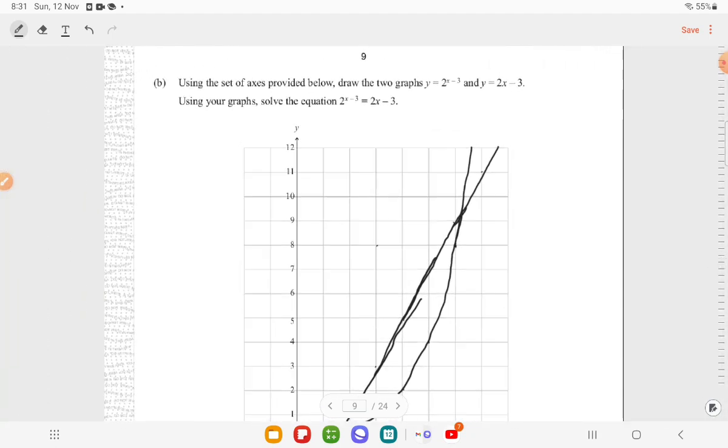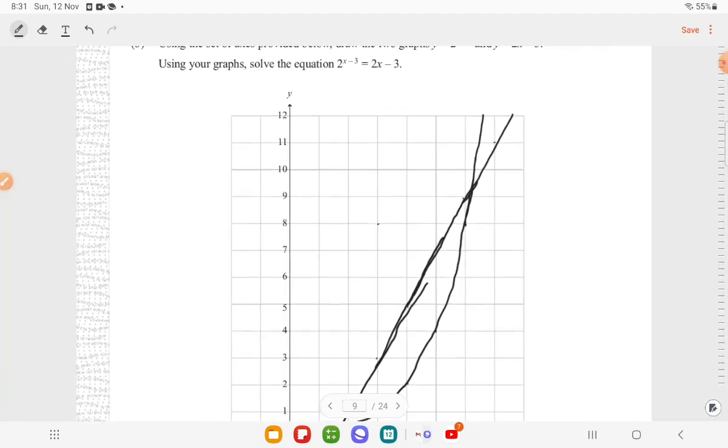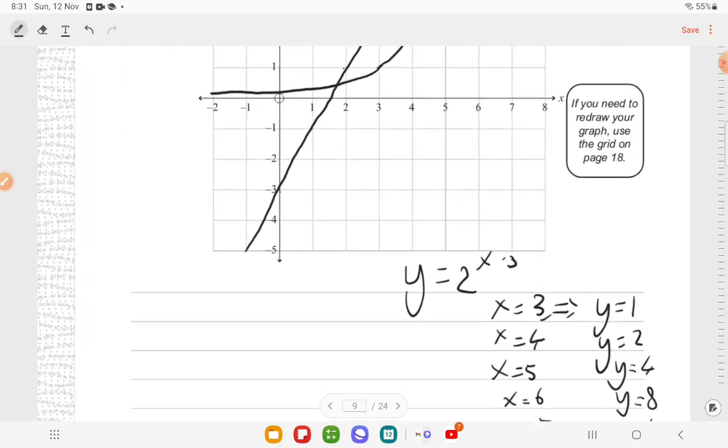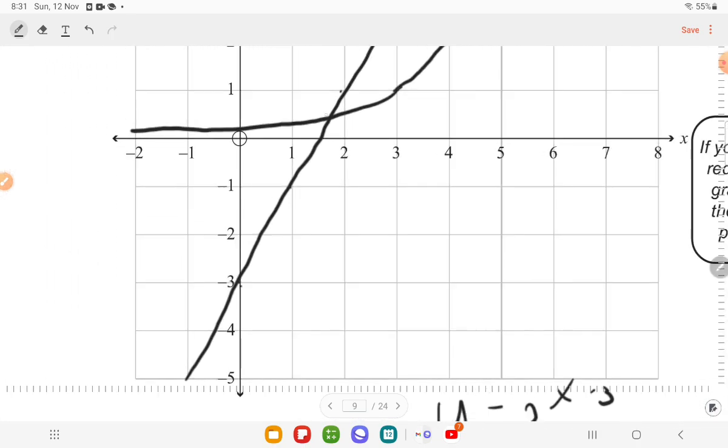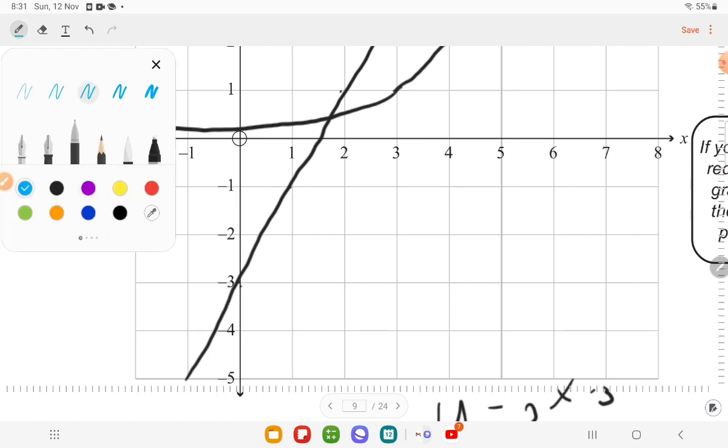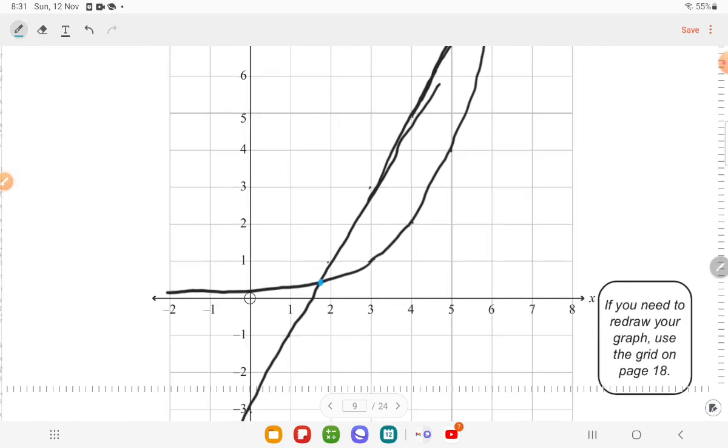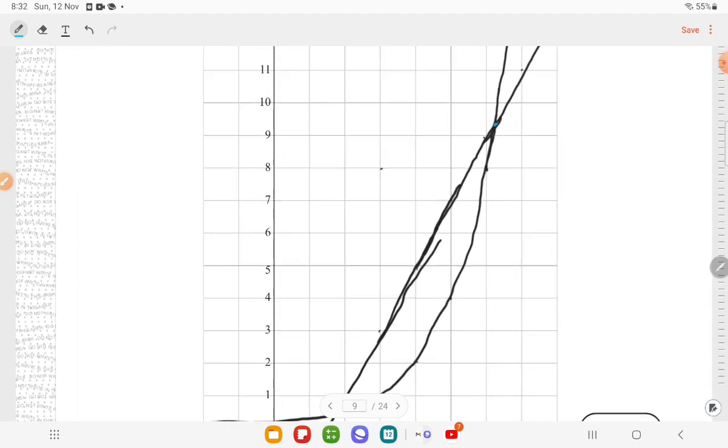Using a graph to solve the equation 2 to the x take away 3 equals 2x take away 3. We just eyeball it, so we just guess that the intersections are here and here.